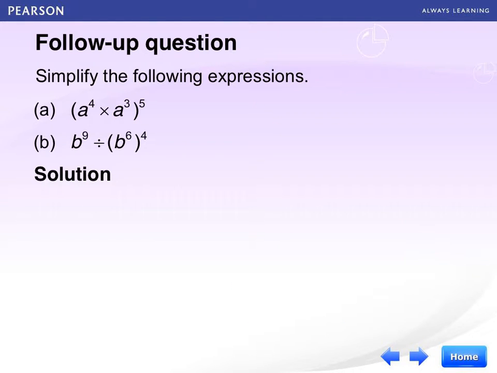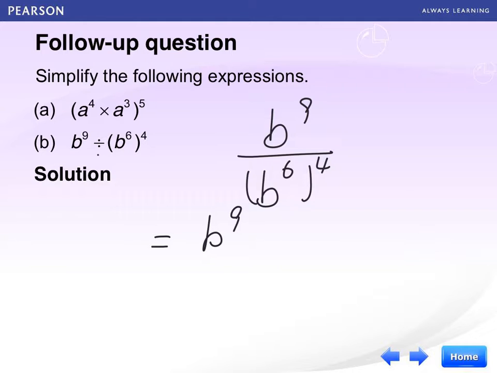Another example: b to the power 9 and b to the power 6 to the power 4. We keep b to the power 9, and for b to the power 6 to the power 4, it is power to power, so the resulting power is 6 times 4, just the product of the powers. So we have b to the power 9 and b to the power 24.